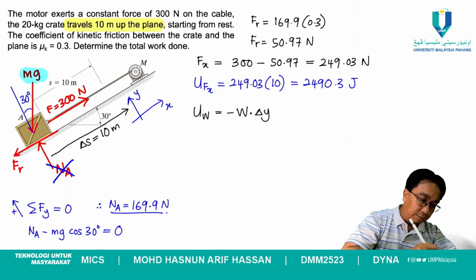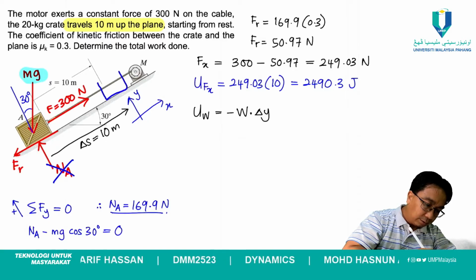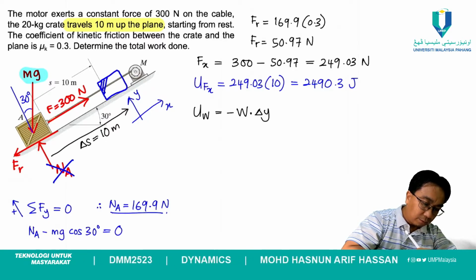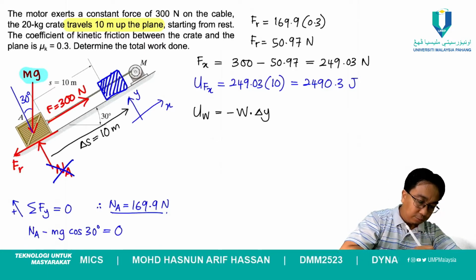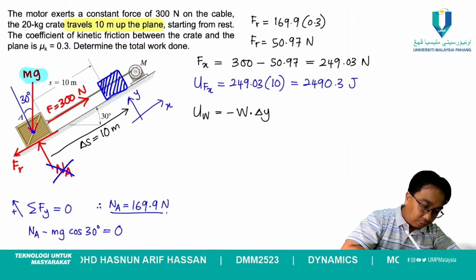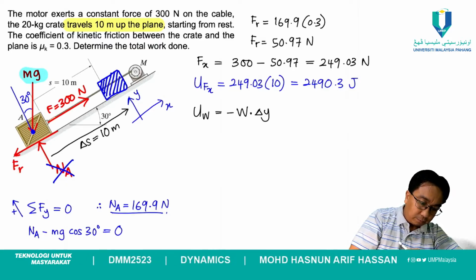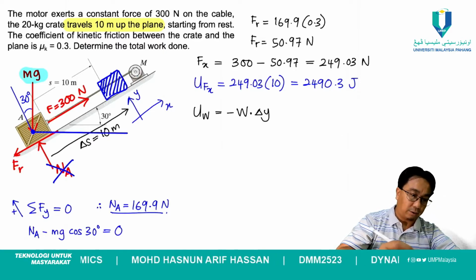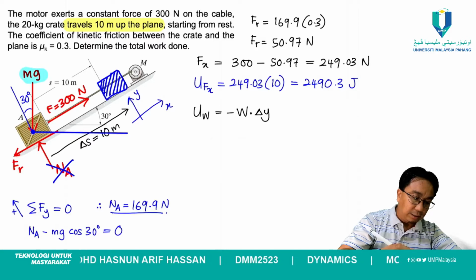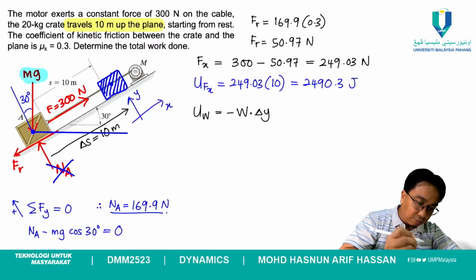Okay, now let's imagine that the box has traveled to this location. This is the new location of the box. If I draw a line from here, then delta y, this will be the center of the box over here.